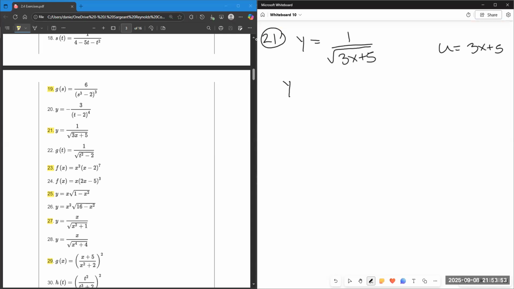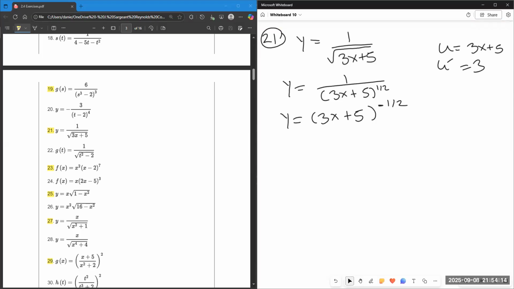I'm going to rewrite this as 3x plus 5 to the 1/2 power, which is the same thing as 3x plus 5 all raised to the negative 1/2 power. u prime is going to be 3. y is going to be u to the negative 1/2 power.